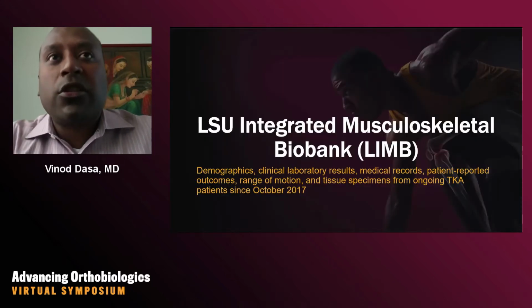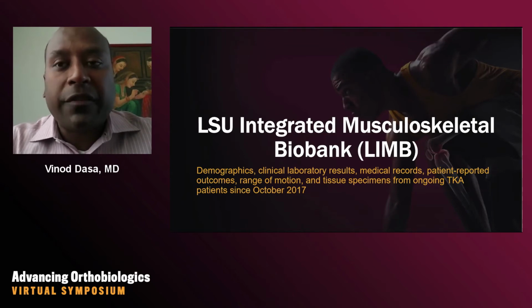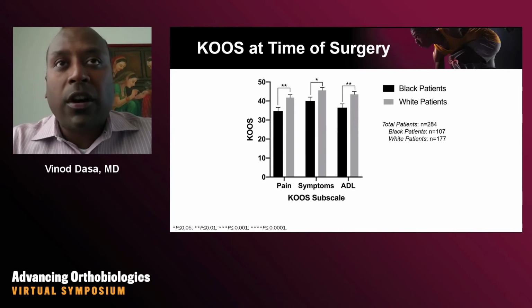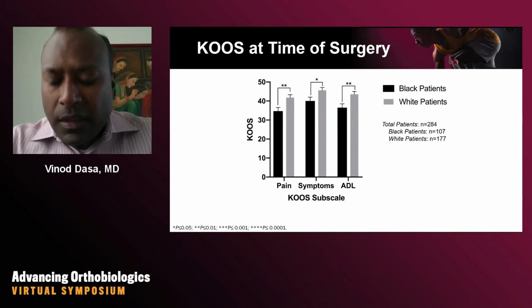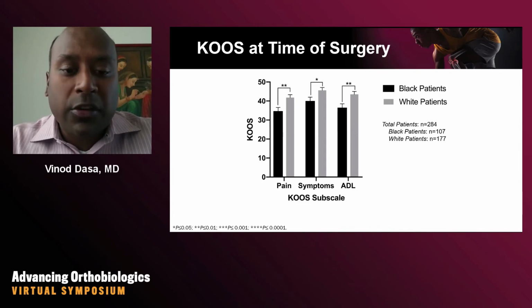We're also trying to understand what the basic science drivers are around the differences we see in outcomes. In our patients undergoing total knee replacement, we're cataloging and warehousing their tissue in a tissue repository, or biobank.